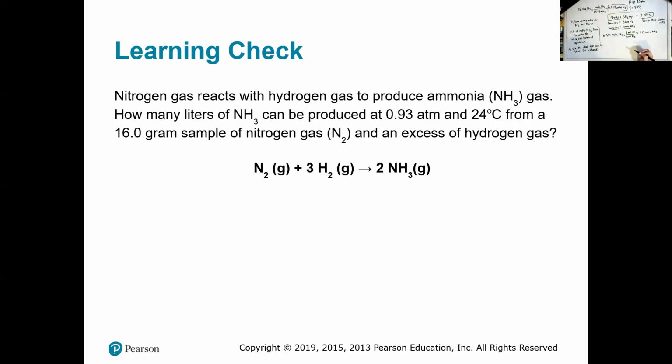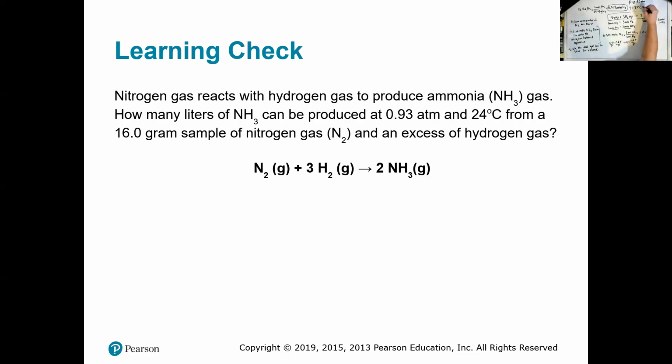My ideal gas law, PV equals nRT. And I can rearrange this to say that volume equals nRT divided by pressure.